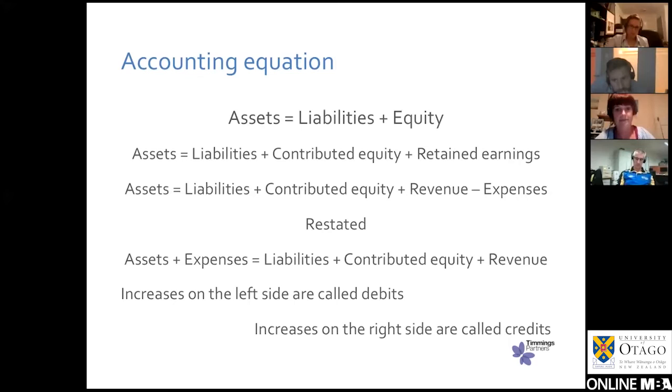So if we want to increase our assets or increase our expenses, we debit them. And if we want to increase something on the right-hand side, we credit it. God knows why they call them debits and credits, but what that means is at any one point in time, the sum of our debits should always equal the sum of our credits.